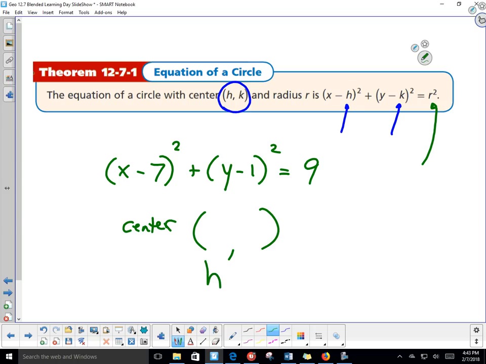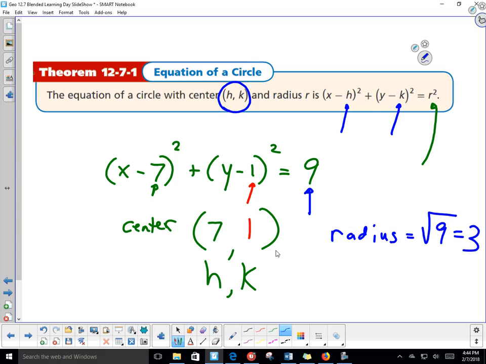Remember, we're looking for the h and the k, and the formula says x minus h, so in this case it's x minus 7, so this 7 is the x coordinate of the center, and I see y minus 1, so this 1 is the y coordinate of the center of the circle. And so what's the radius going to be? Well, the radius is the square root of this number, so the radius is the square root of 9, which is equal to 3.